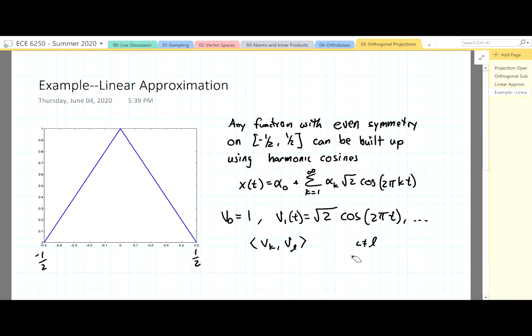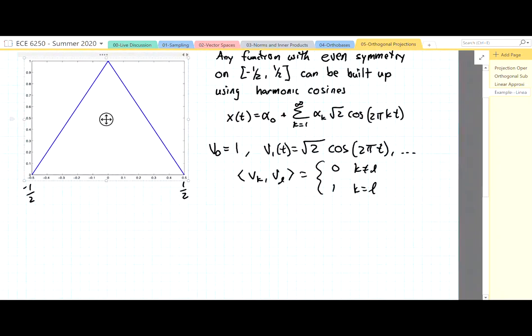is equal to 0 for k not equal to l, and 1 for k equal to l. So I say that, but probably the first question you should have in your mind is, okay, sure, I believe you, but what's the inner product? The inner product will be our standard inner product on a continuous signal.